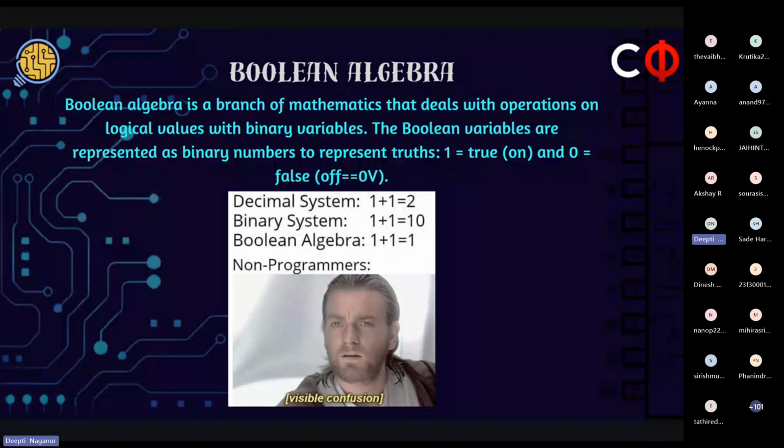So this is very similar to the algebra that you might have learned in your school dealing with XYZs, but the only thing here is that these variables can take only two values, that is 0 or 1. That's why the word Boolean. We are considering only two factors here, the zeros and ones.